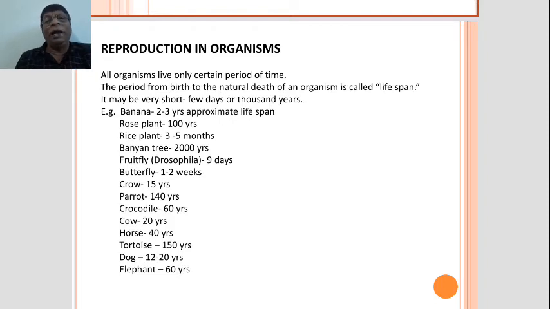Rice plant means paddy. So the rice plant lifespan varies from 3 to 5 months, even 6 months. Some of the species of rice, they live only 3 months, and others 5 or more.